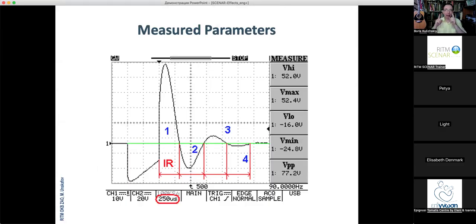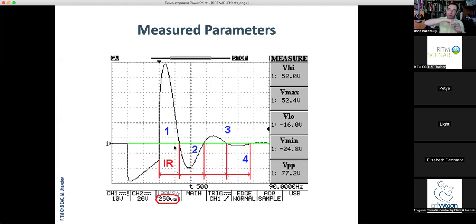Reaction is a time, the time of a half wave, measured in microseconds. If you see initial reaction 10, it means the period is 10 microseconds, but it's only a half wave.